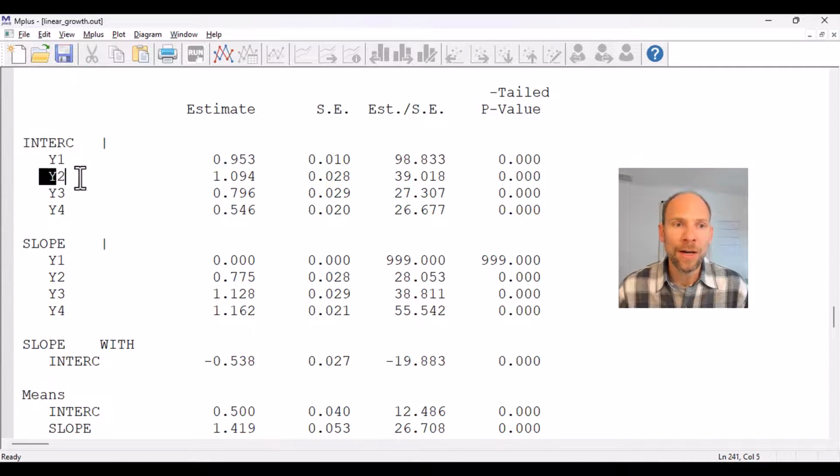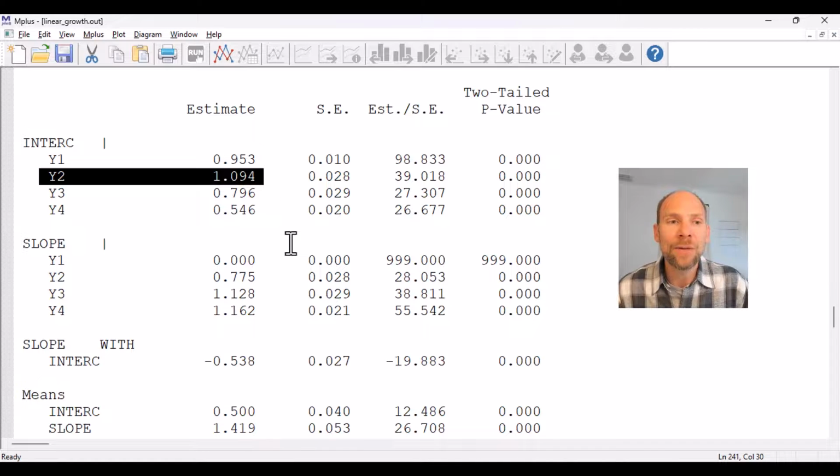So it's no longer the case that this value for y2 of 1.094 is a correlation. Instead, it's a partial standardized regression coefficient. So it's like in multiple regression where you have multiple correlated predictor variables. Here in a growth curve model, y2 is a function of both the intercept factor and the slope factor.